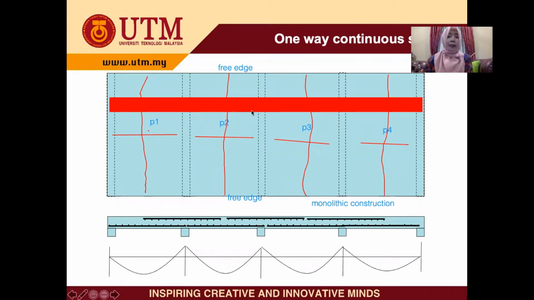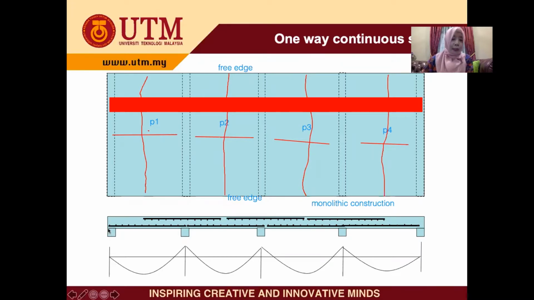Therefore, it is a one-way continuous slab. So we have a configuration like this. You will have the continuous beam over the supports. Therefore, we get a moment like this, because this is a continuous slab.